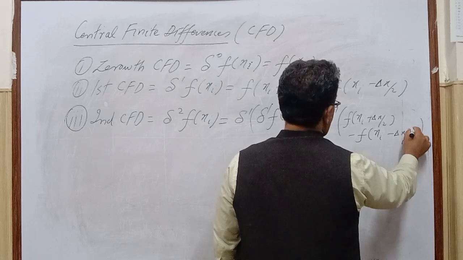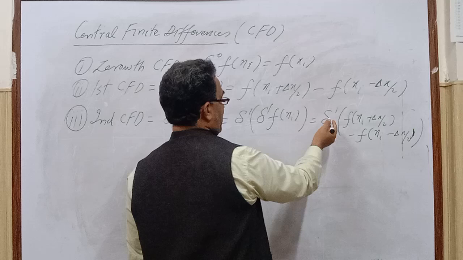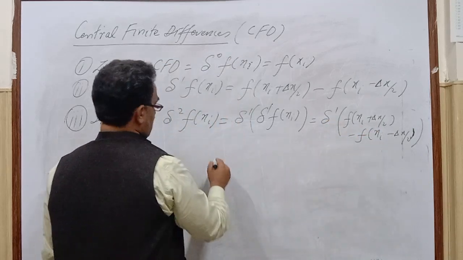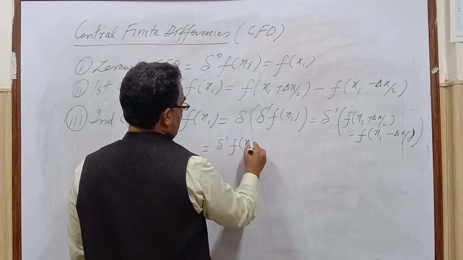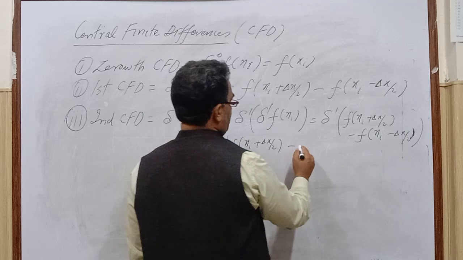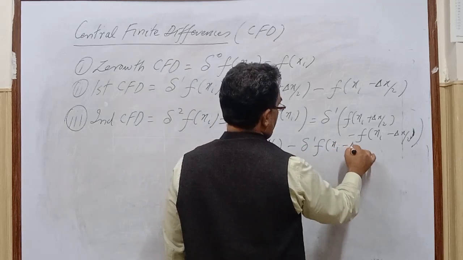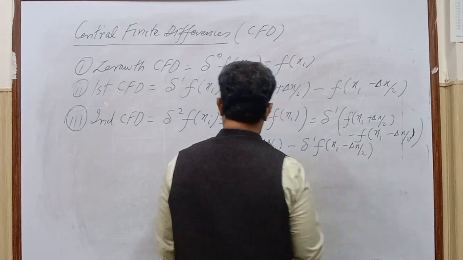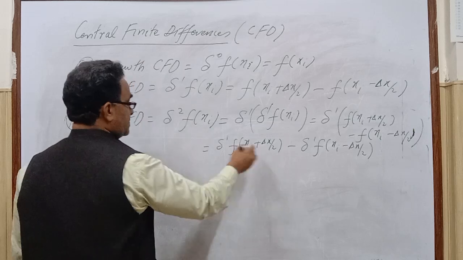Now this outer delta 1 will operate upon the inside. This will be delta 1 f of xi plus delta x by 2 minus delta 1 f of xi minus delta x by 2.